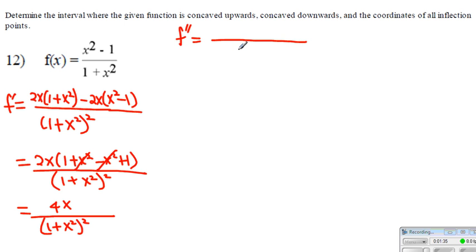So we have 1 plus x squared to the 4th power, and once again top is 4 times 1 plus x squared squared minus, now 4x is already there, derivative of the bottom becomes 2, comes out, and we have 1 plus x squared times the derivative of the inside, which is simply 2x.